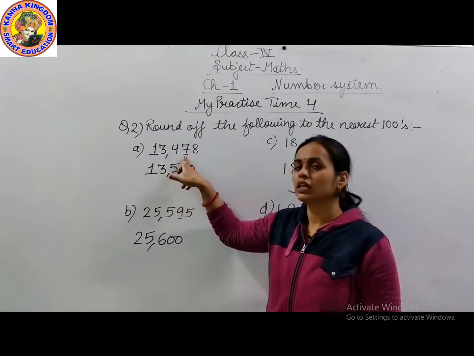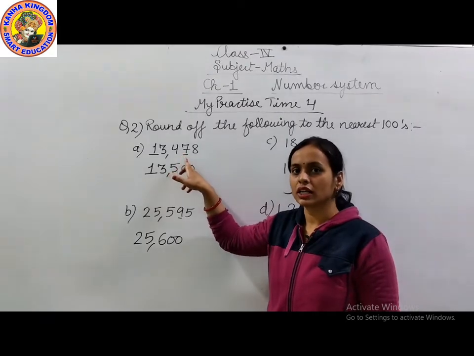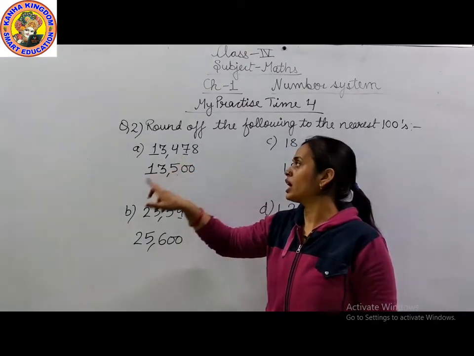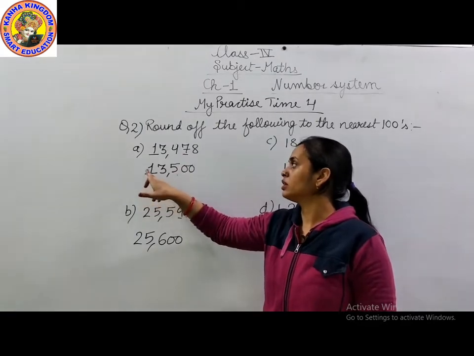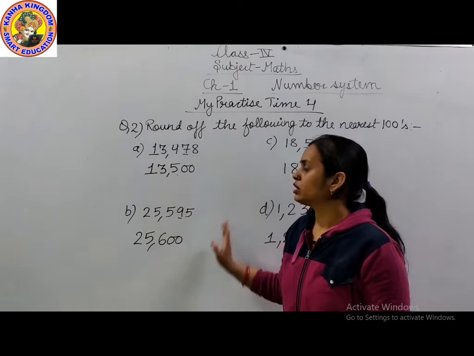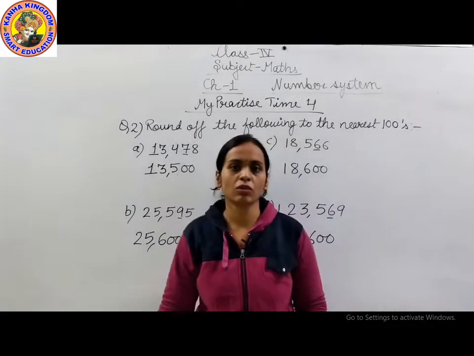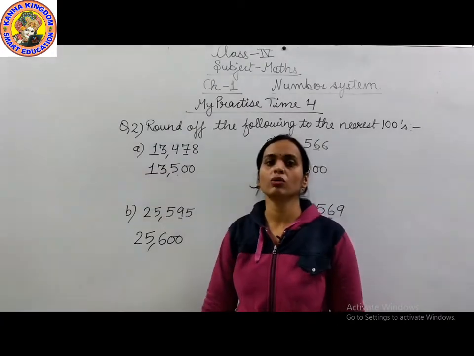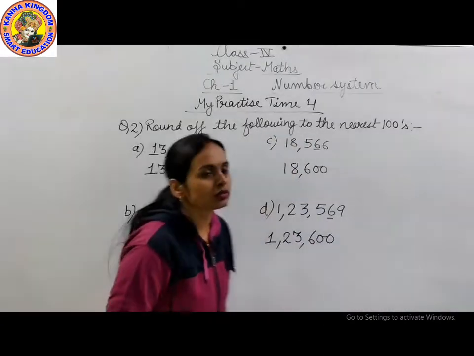But in the question, the digit at the tens place is more than 5, so we write here the next 100, 13,500. Okay. Write down these questions in your notebook and solve all the rest of the questions of question number 2 in your notebook.